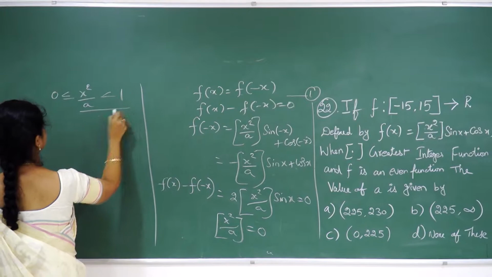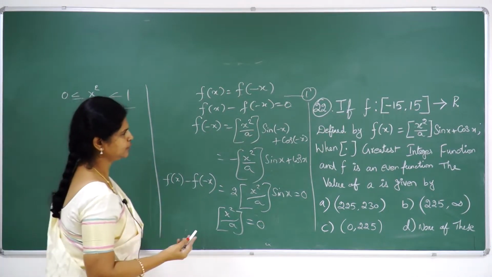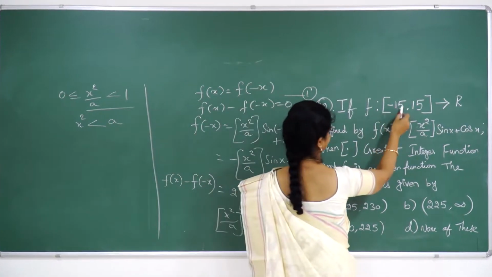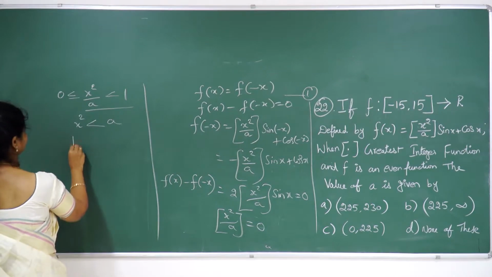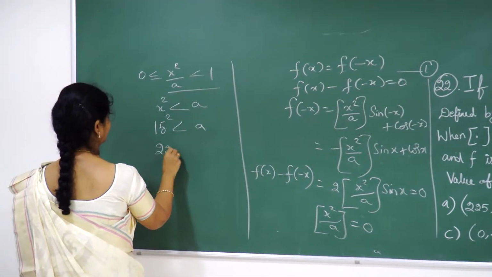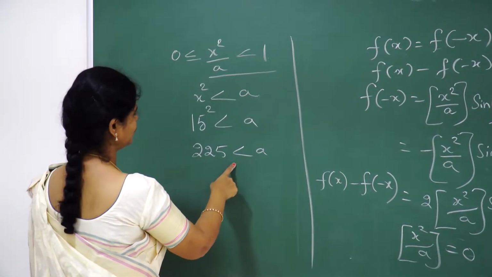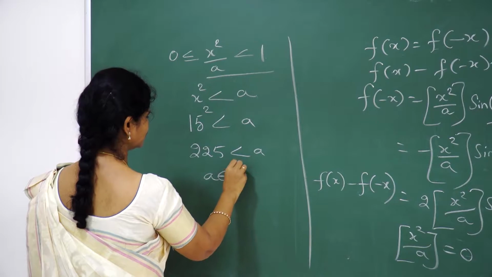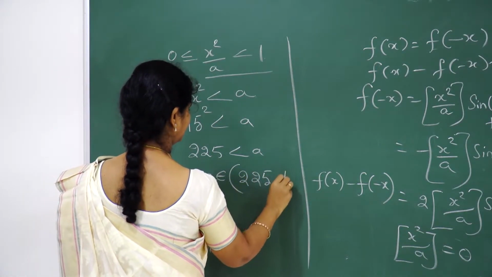So take this inequality: x square is less than a. So what is the domain value? This is minus 15 to 15. Substitute x equal to 15, you get 15 square less than a. So 225 is less than a, which means a is greater than 225, so a belongs to the open interval 225 comma infinity.